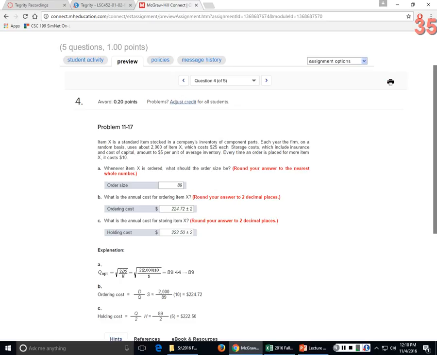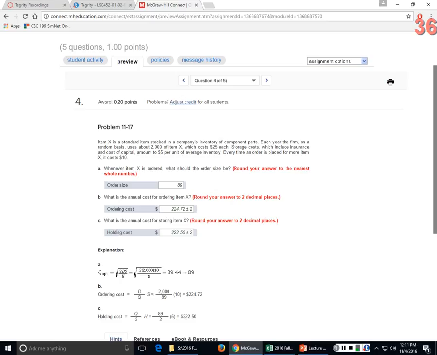What did we work on today in terms of fixed time period? The optimal order quantity, or EOQ. EOQ is equal to the square root of 2 times the annual demand times the setup cost, divided by the holding cost.